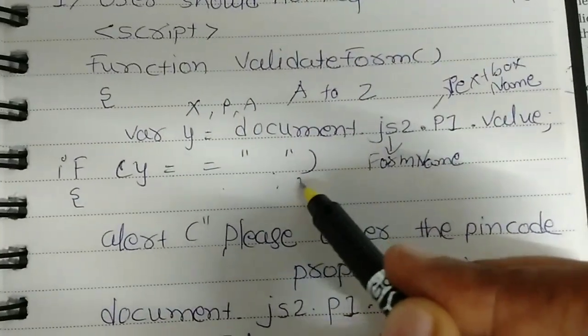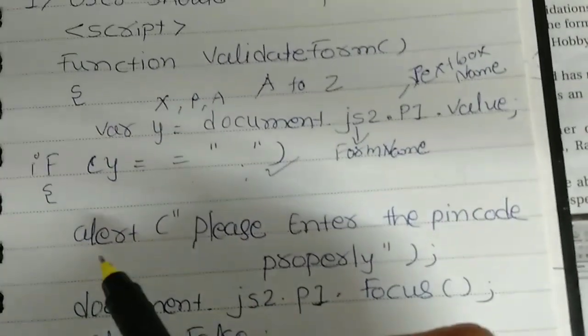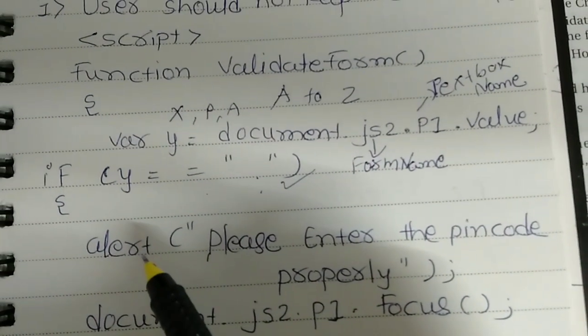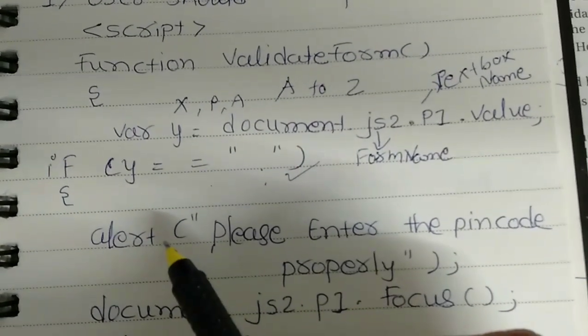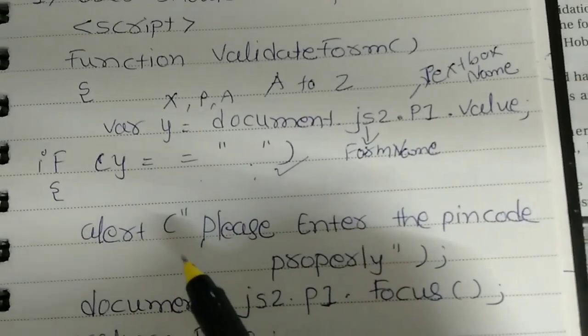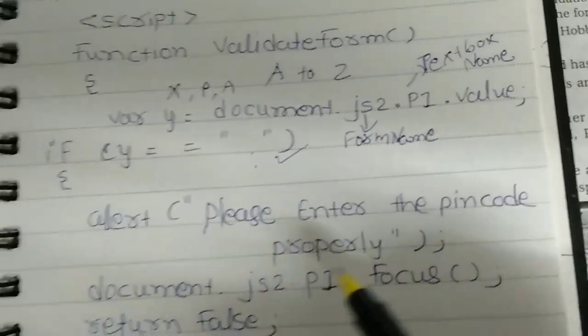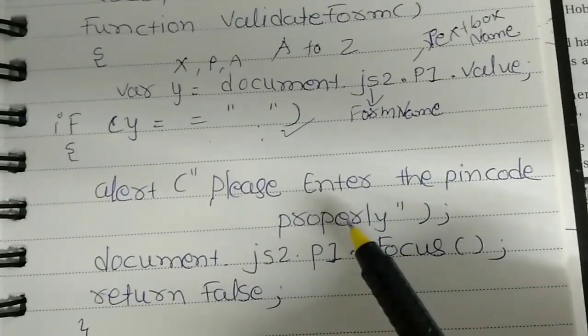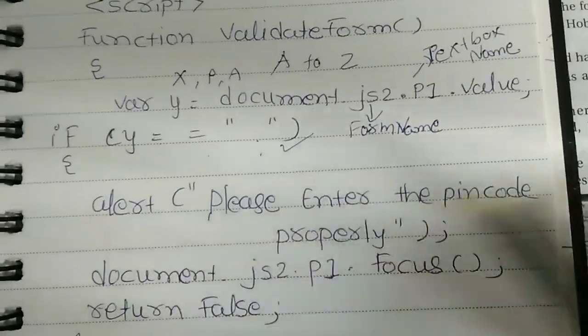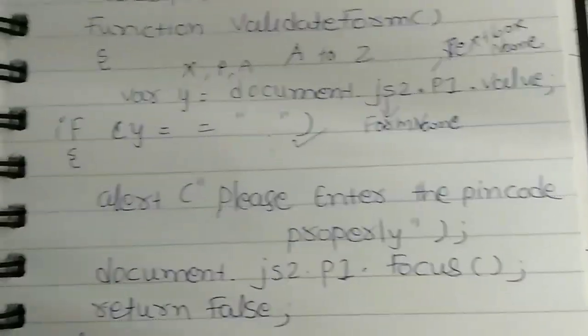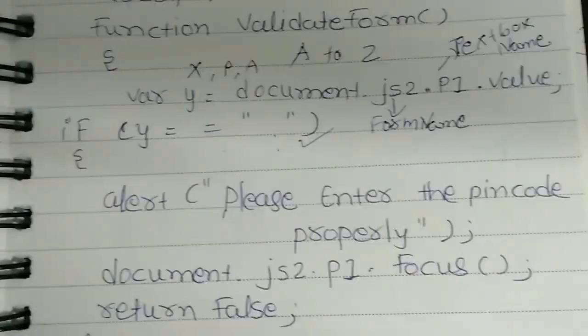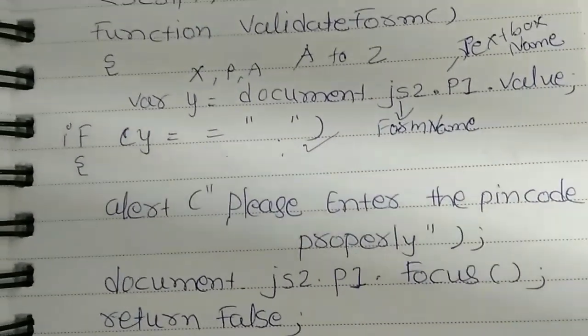Our condition is true, then alert. Alert is a function. It is used to display an alert message to the user that please enter the pin code properly. After displaying the message, we have to focus our text box for the user.